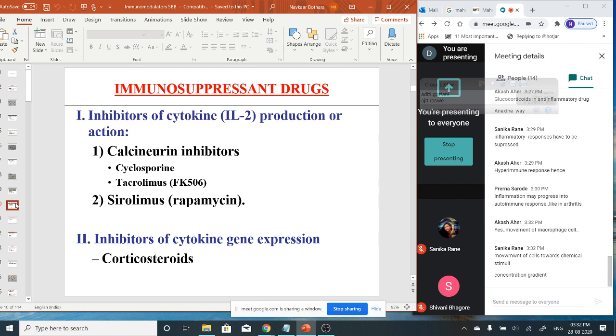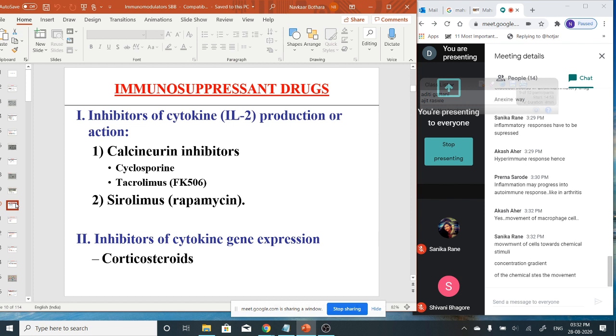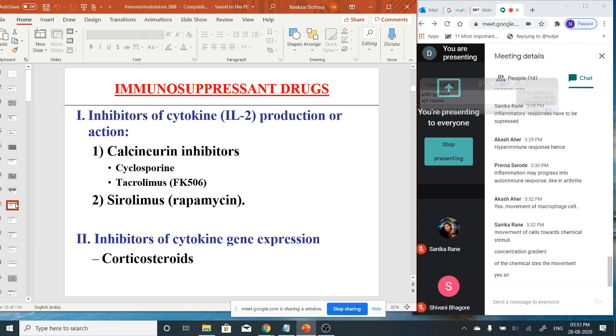Means what kind of concentration gradient, Sanika? Just like a drug goes from higher concentration to lower concentration, isn't it?